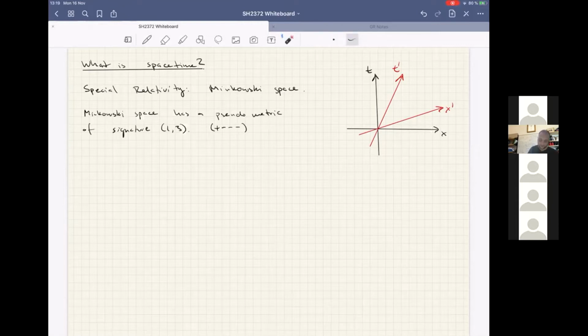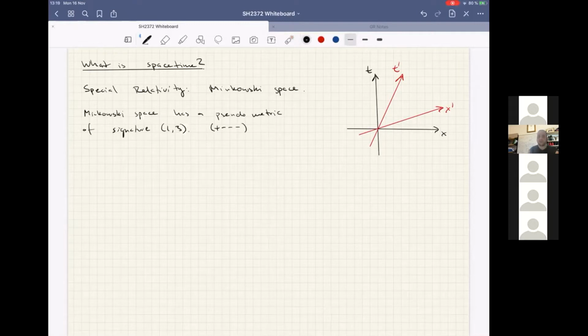And as someone asked, I don't know if it was the last time or the time before that, in Minkowski space, we don't have a metric. What we have is a pseudo metric. So if you look back, what we said about the metric is that it should be linear, it should be symmetric, and it should be positive definite. When we talk about the pseudo metric, then we drop this requirement of having to be positive definite for the requirement of being non-degenerate.